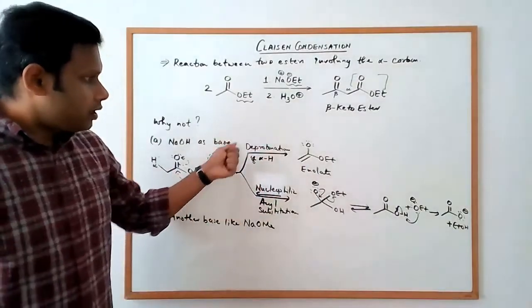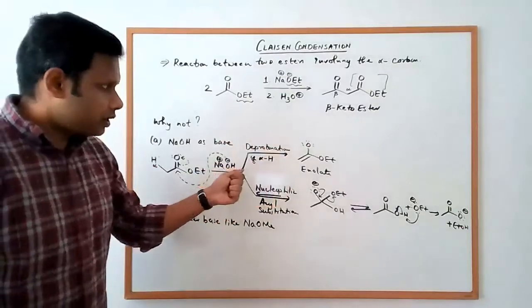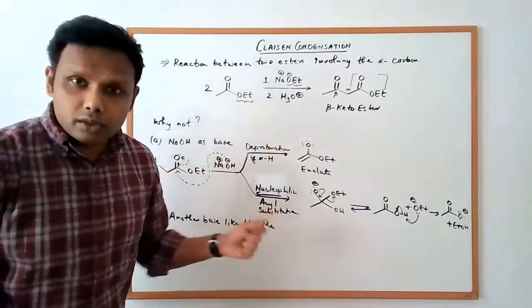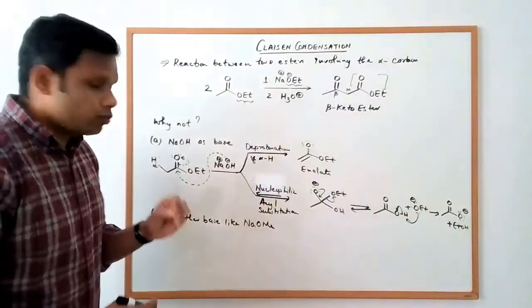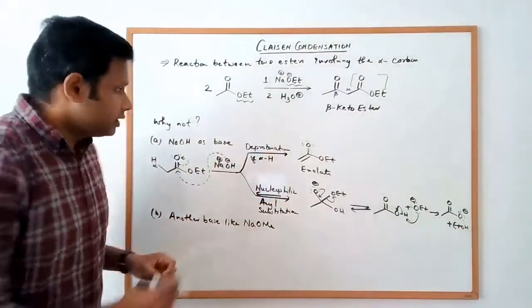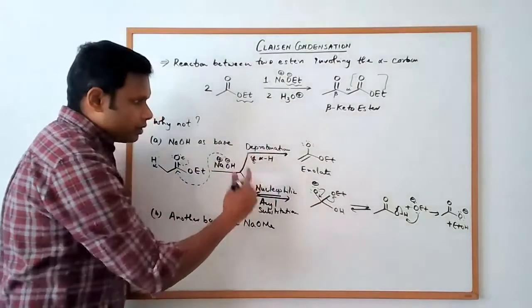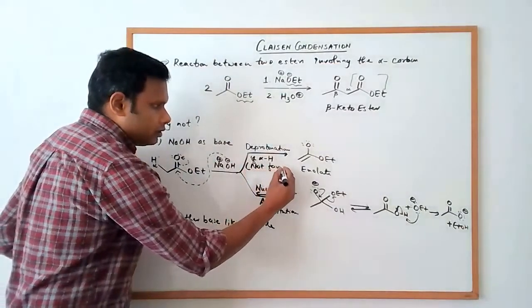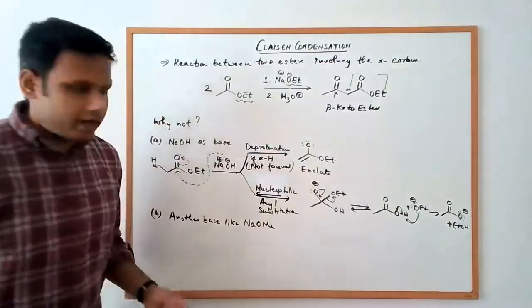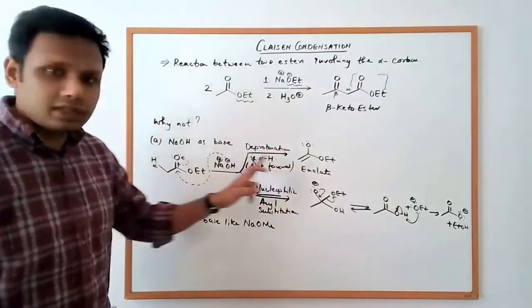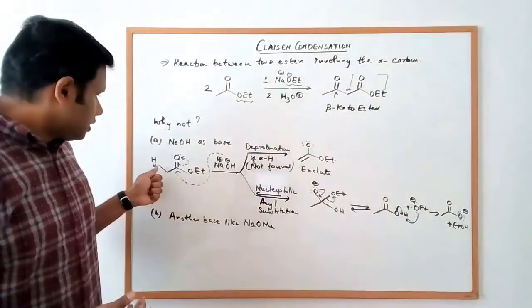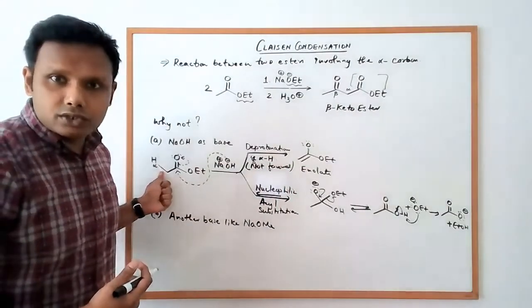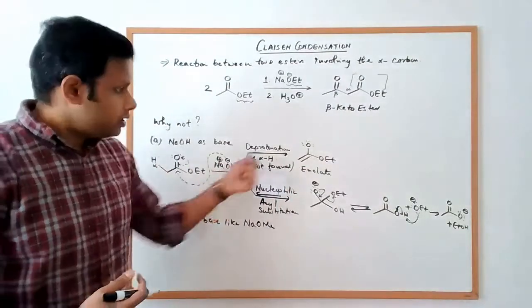You could have the deprotonation of the alpha hydrogen to give you the enolate, but what's important to recognize is that this deprotonation is not favored. This is not a favored reaction because of the difference in the pKa's. This is not a very acidic hydrogen, so it's not a very favored deprotonation.